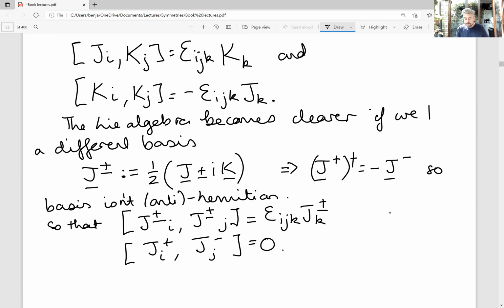So J plus looks like the Lie algebra of SU(2). It satisfies the Lie algebra of SU(2). The J minuses also satisfy the Lie algebra of SU(2), and there is no non-trivial commutator between the pluses and the minuses.